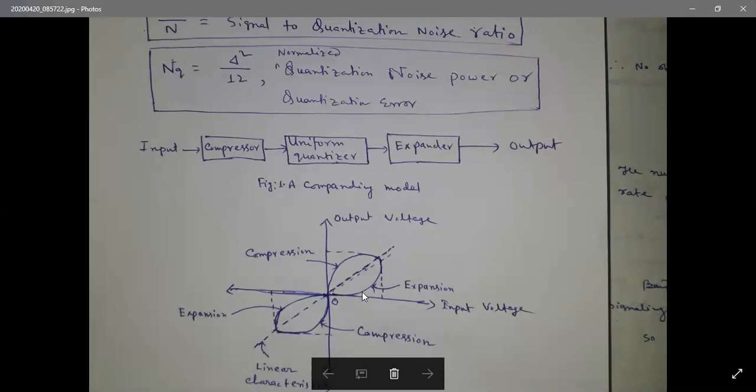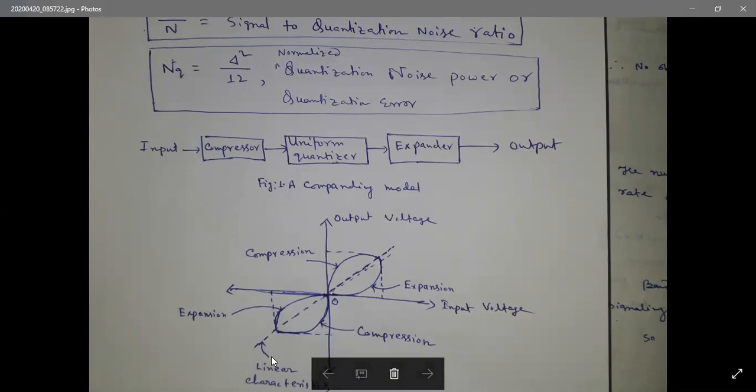Here is the compression curve, and this one is the expansion curve, the opposite function at the receiving end. The dotted line indicates the linear characteristic.